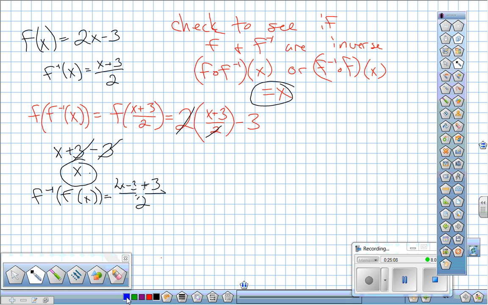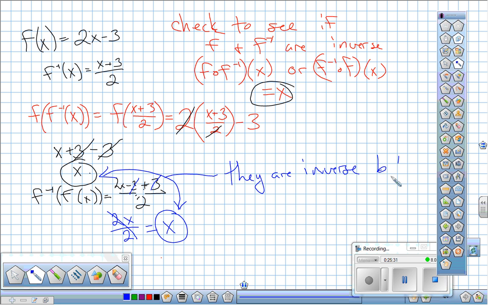My 3's will add to 0, and I will be left with 2x over 2. Those divide to 1, and I am left with x. Since I got x both times, they are inverses.